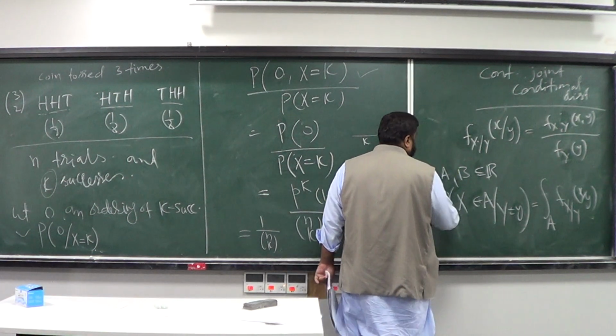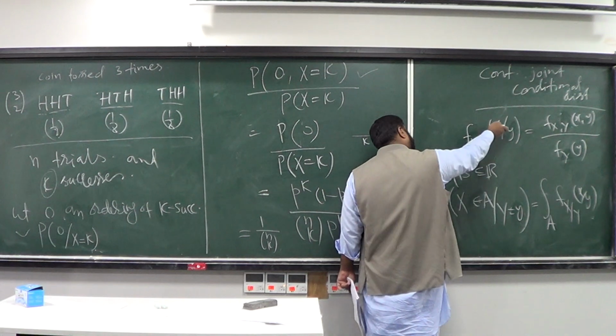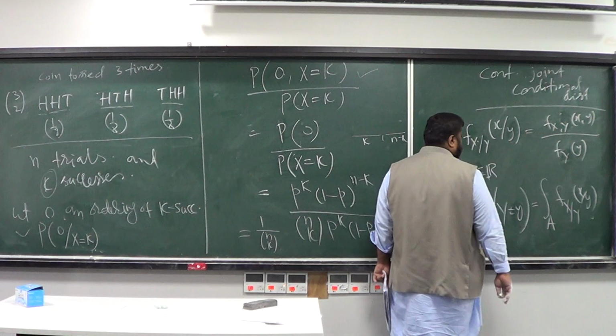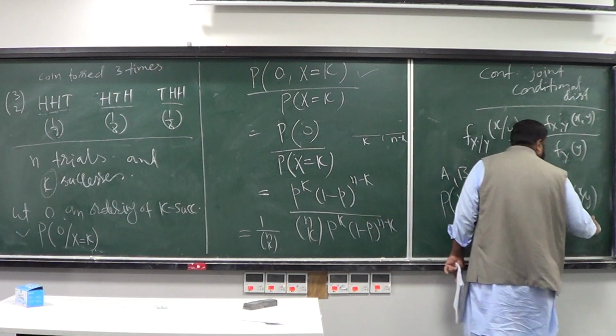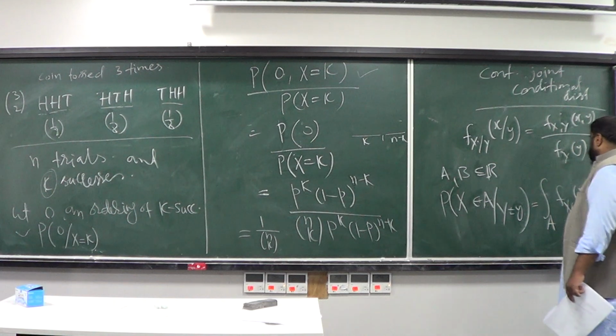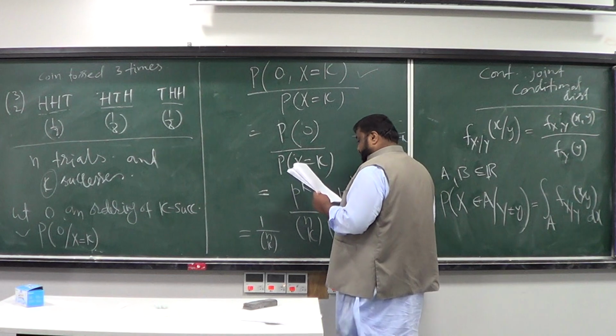So what is the probability that X belongs to a set A, not one value but a set of values, given that Y is y? Take the conditional PDF and integrate it with respect to x, because x is varying and y is fixed.